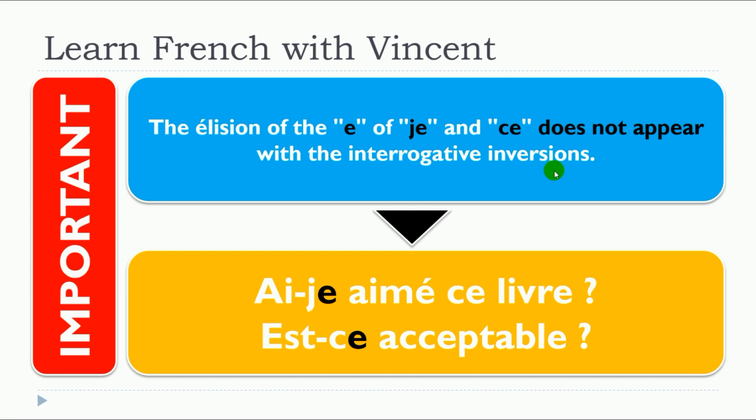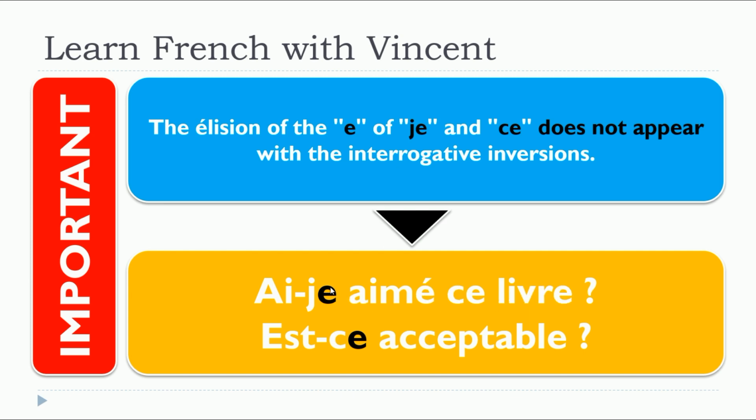So in these cases, like you can see here for the first one, when you do the inversion, it means that your e will have to stay there even if you have a vowel right after. That's the concept. So in this situation, as you can see, ai-je aimé ce livre?